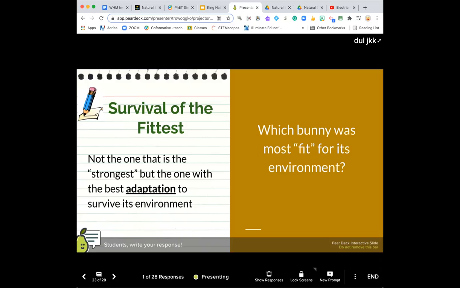Let's go ahead and go to the question first. I think that'll be better. So which bunny was most fit for, and I changed this question, and why didn't it update? That's annoying. I added in there the snowy environment. I don't know why my change isn't on the slide, so I apologize. So which bunny was most fit, quote unquote, for its environment?